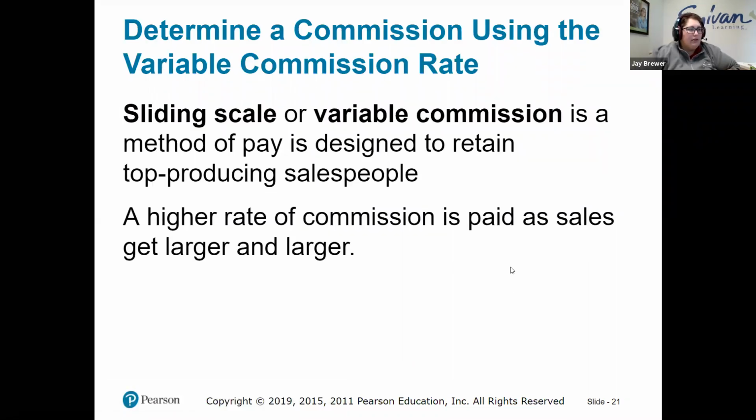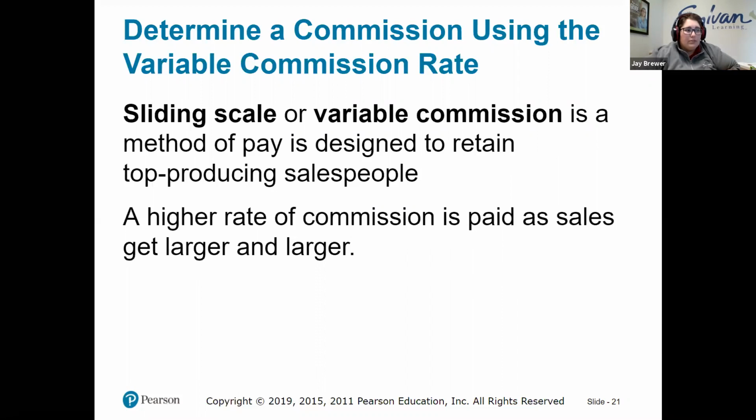Sliding scale or variable commission is a method of pay designed to retain top producing salespeople. A higher rate of commission is paid as sales get larger and larger. So probably a good example of this would be car salesmen.